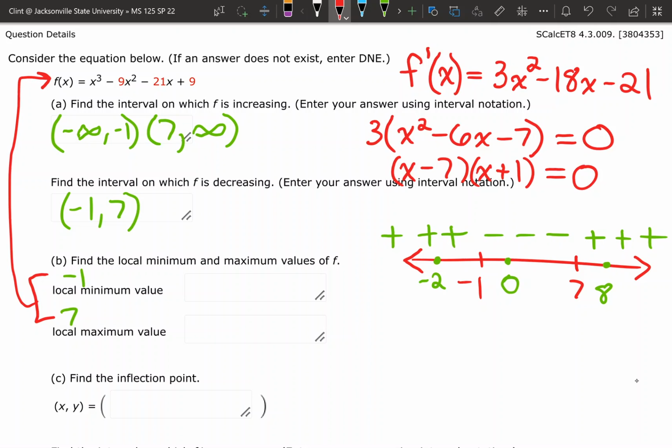So if we plug in -1, let's see, it's -1 -9 plus 21 plus 9. That gives us 20. And we're just finding f of -1. And then we'll do f of 7. If we do 7, that one not as easy to do in your head.